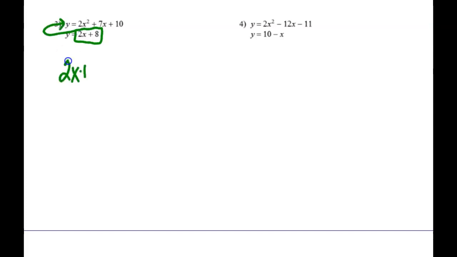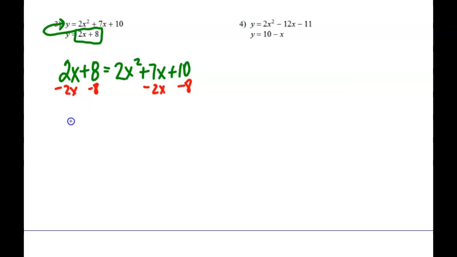So that gives me 2x plus 8 equals 2x squared plus 7x plus 10. Then if I have an x squared, I need to solve by factoring or quadratic formula or square rooting or something. So I need to get it equal to 0. If I subtract both of these over to the other side, I will have a 0 and a 2x squared plus 5x plus 2.